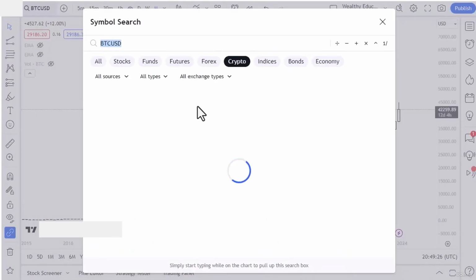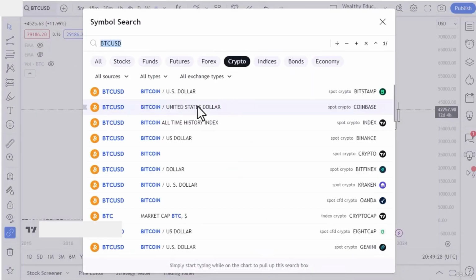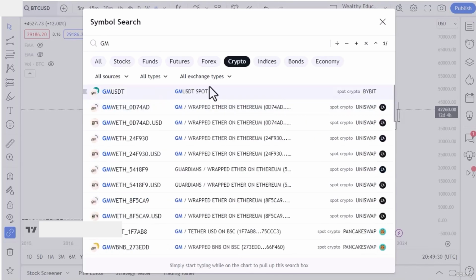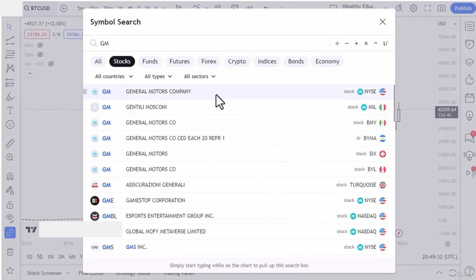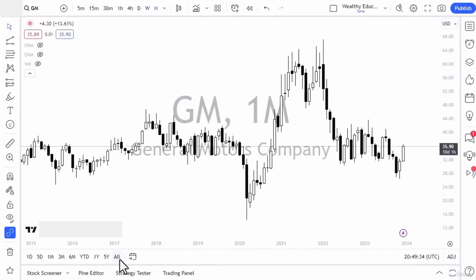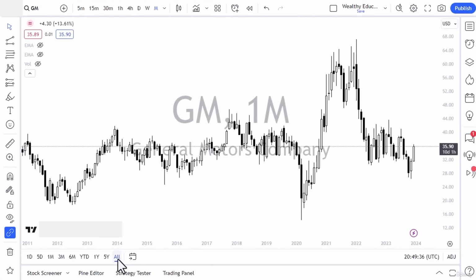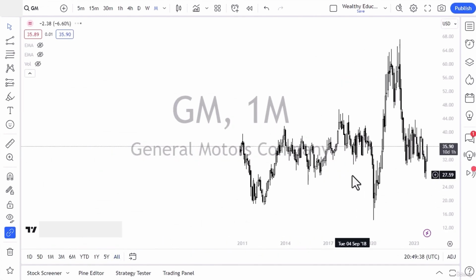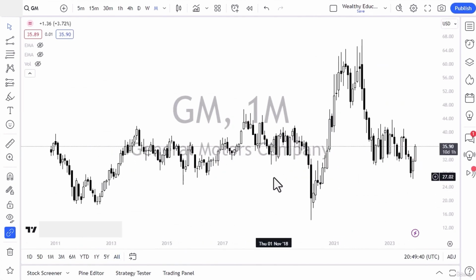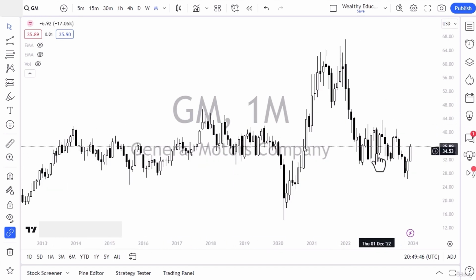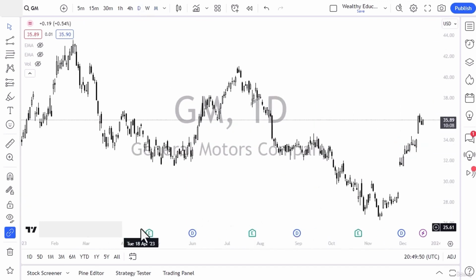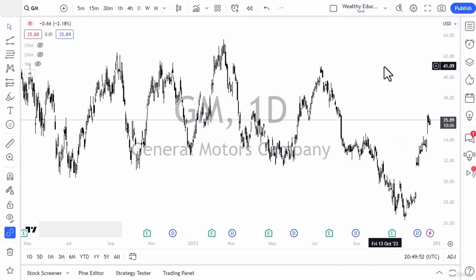But let's say we go back to something kind of old, General Motors. If you go to all, then it's going to be 1 month intervals, and it goes all the way back to 2011. Could go back further on some charts, but as a general rule, you get about 15 years of data on most of your assets.